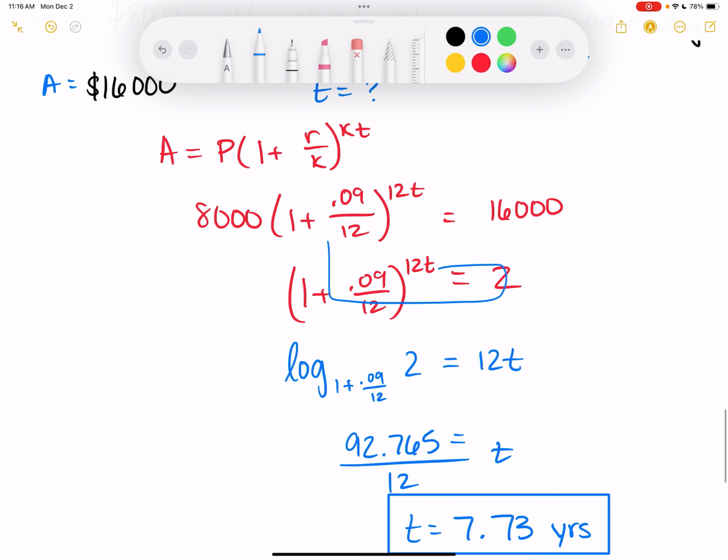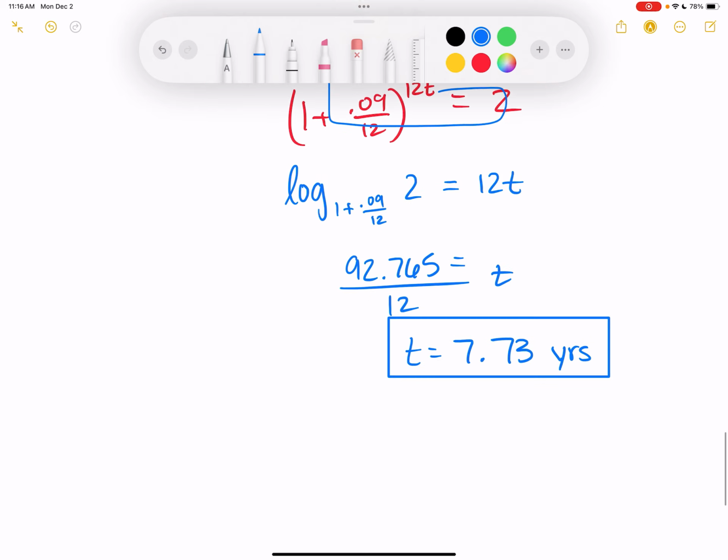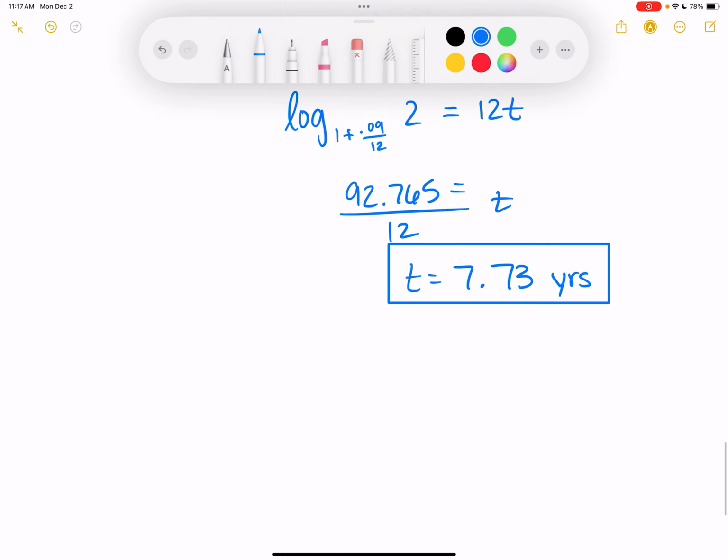Okay, so they take it to years and months. So we know we'll have 7 years, but we have 0.73 of a year.